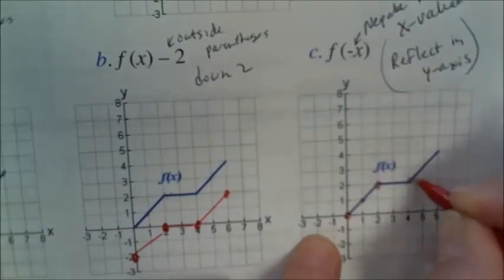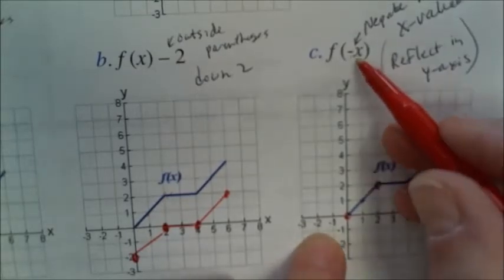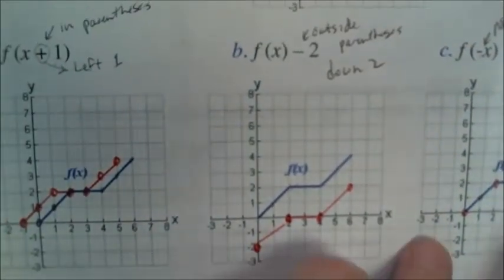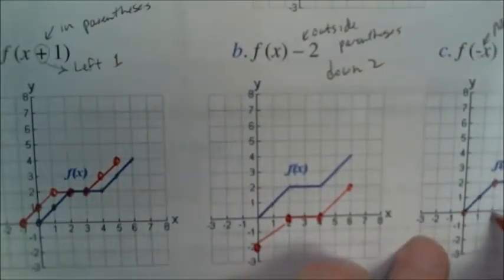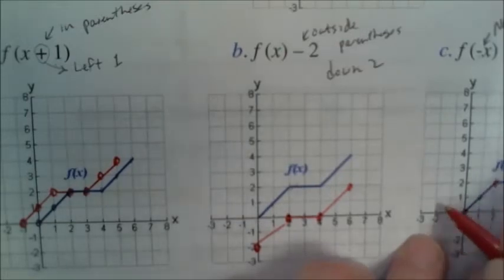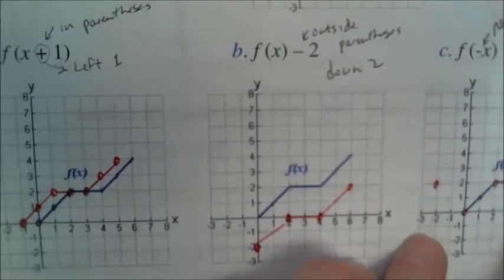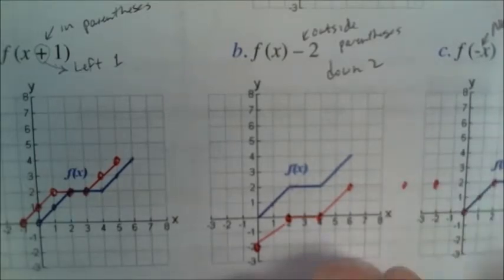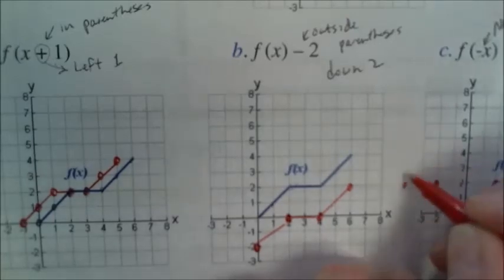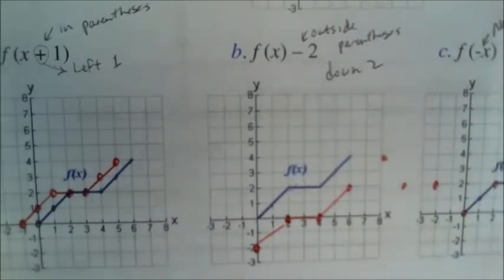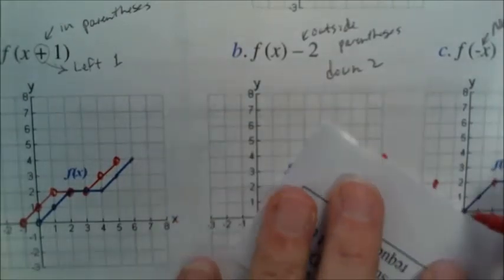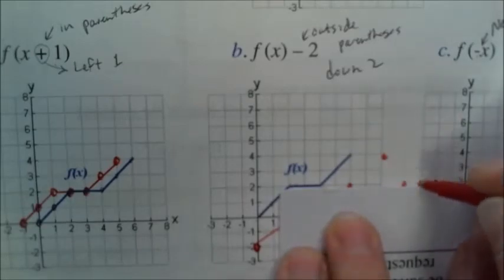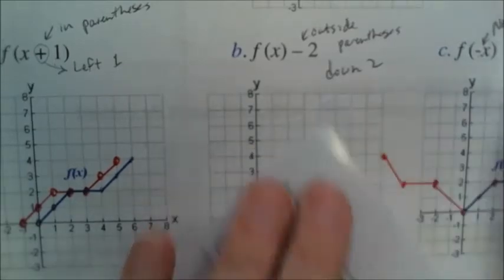We can just take the major vertices. And if we want to negate the x values, reflect in the y-axis, well, I guess I didn't give you enough room over here. So 2, 2 goes to negative 2, 2. 4, 2 goes to negative 4, 2. And 6, 4 goes to negative 6, 4, which is about up here, if I gave you enough room. So this has been reflected in the y-axis because the x's are negated. Reflect in the y, negate the x.